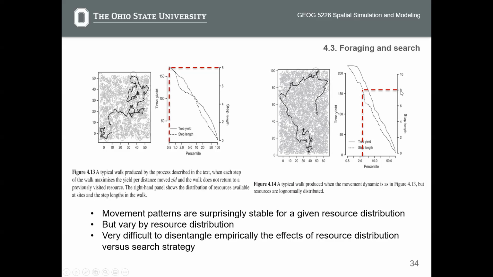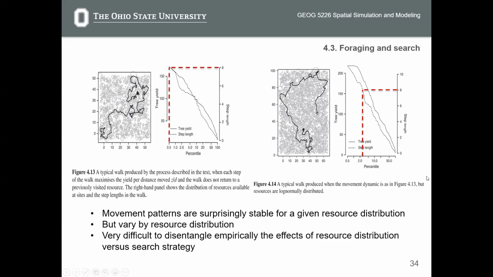So what does it mean? It means that when you change the distribution of resources in the environment, exponential distribution on the left side, log normal distribution on the right side, even longer steps are needed to find resources.